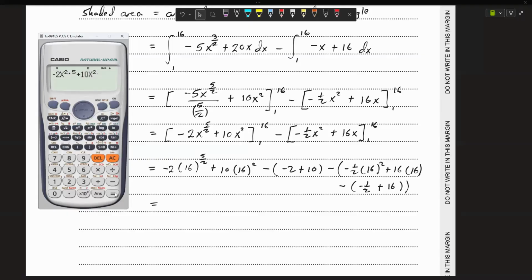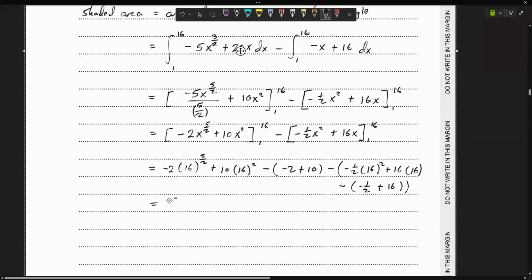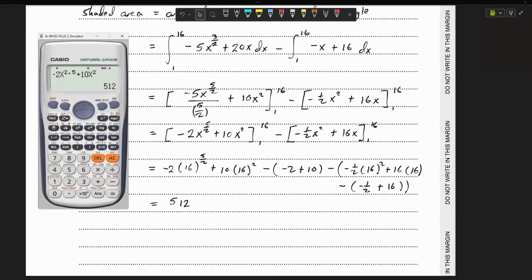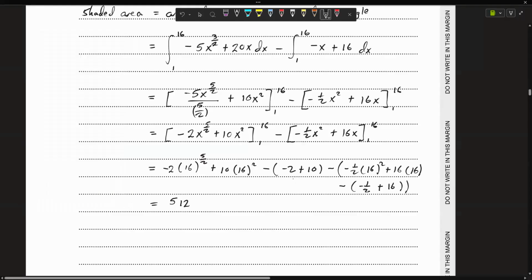Okay, so that's like 512 that I'm getting. Okay, that I got from that part. Let's substitute 1. Substituting 1, we saw that we get 8 here. So I'll just say minus 8.